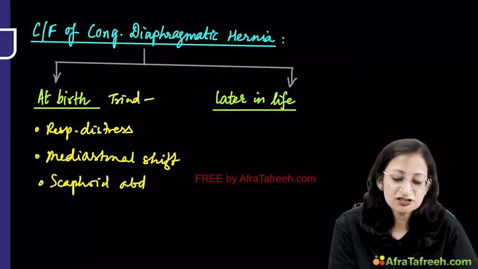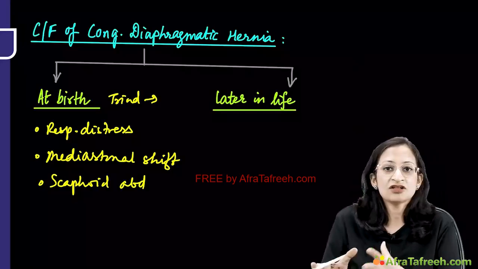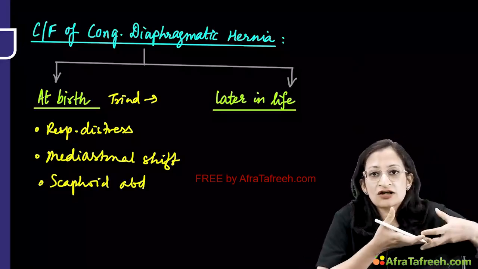So what happens basically is, through the diaphragmatic defect, the abdominal contents move into the thorax. So abdomen is scaphoid or scooped out in appearance, and because the abdominal contents have moved to the thorax, the mediastinal shift is there and lungs are not getting space to expand properly. So respiratory distress, mediastinal shift and scaphoid abdomen.